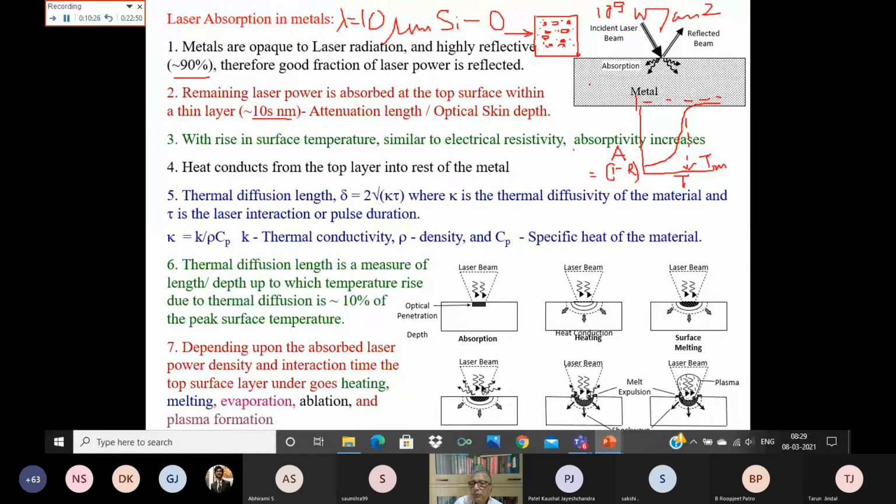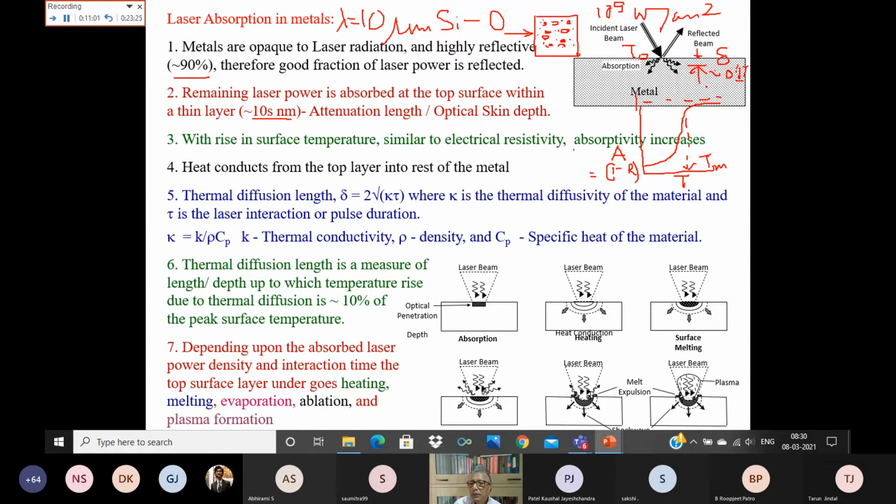So what does it mean? If the temperature of the top surface is T0, and this is the depth delta, the thermal diffusion length, then at this point the temperature will be approximately 0.1 times T0.